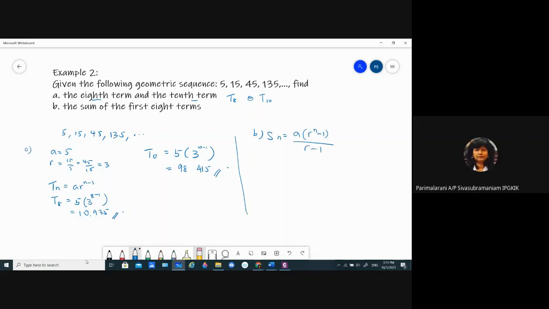So this is the formula that we're going to use. We're going to search for S8. Our A is 5, R is 3, so 5 times 3 to the power of 8 minus 1 over 3 minus 1. If you calculate this, you get 16,400. Done.